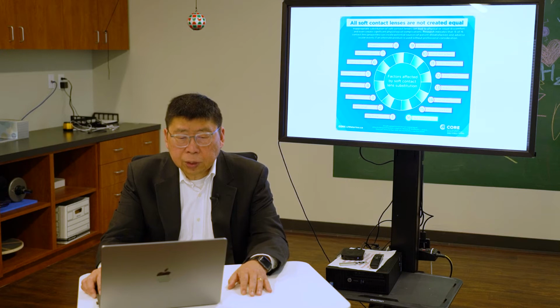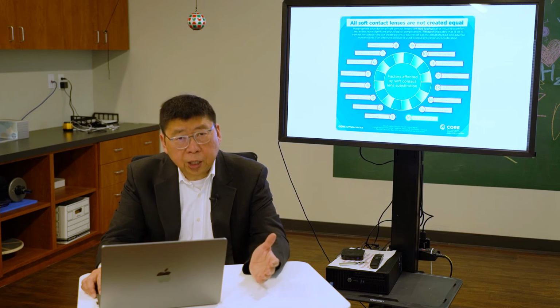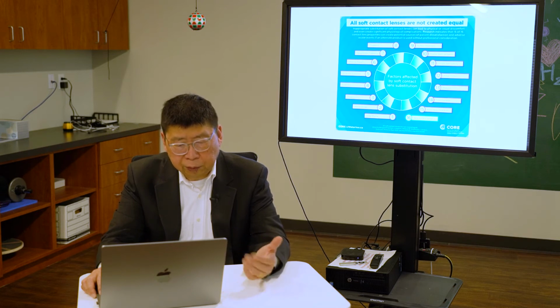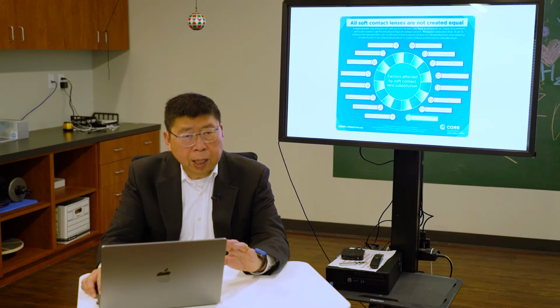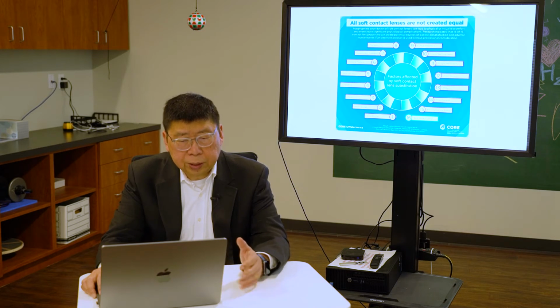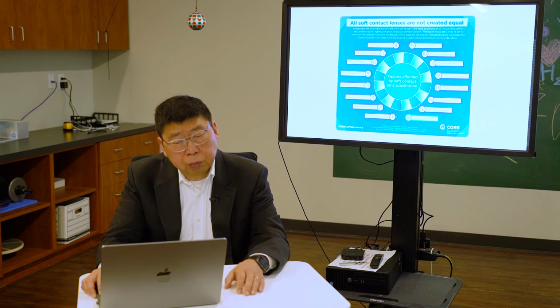And then there are the health factors. Some of the parameters are important for the health of the patient, such as whether the lens has UV coating to protect the eye from UV light. The wearing schedule is usually determined by how the lens surface is treated. The thickness of the lens determines how much oxygen goes through to provide the cornea with an adequate supply of oxygen.